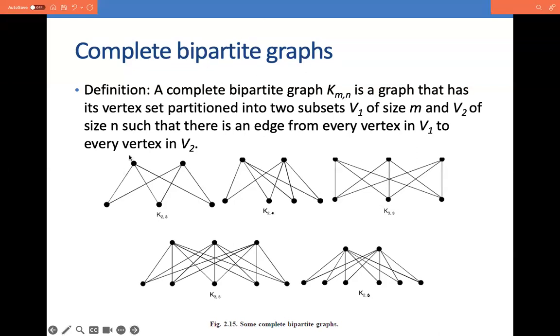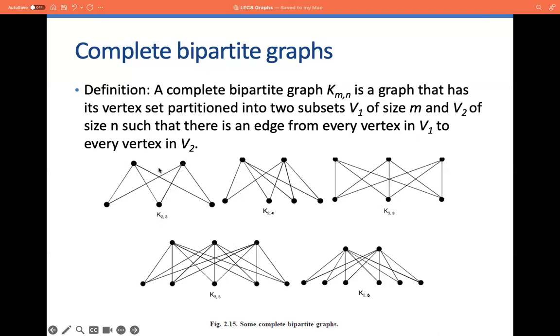So in other words, we have here the partitions V sub 1 and V sub 2. V sub 1 has only 2 vertices and V sub 2 has 3 vertices. So K of 2 and 3 is a complete bipartite graph.